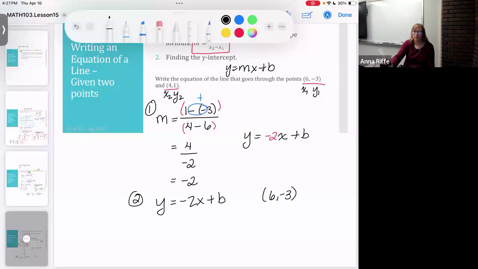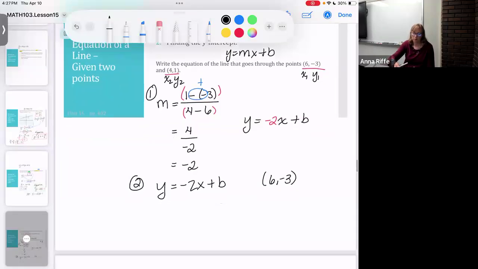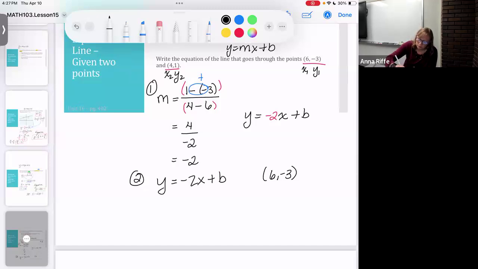I've already got it labeled as x1, y1, so I may as well put it in there. So my x is 6 and my y is -3. So I have -3 is equal to -2 times 6 plus b.